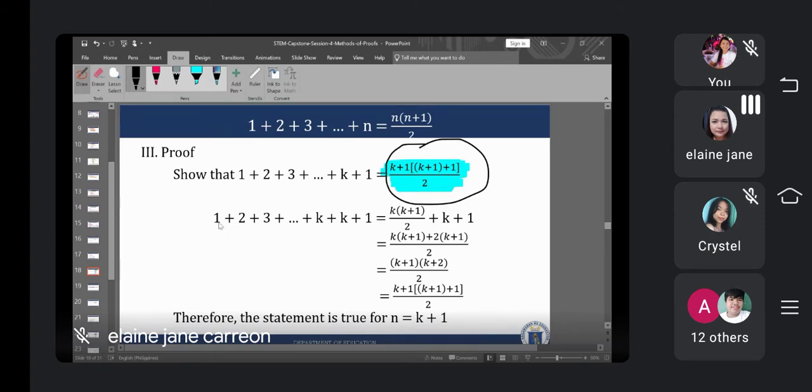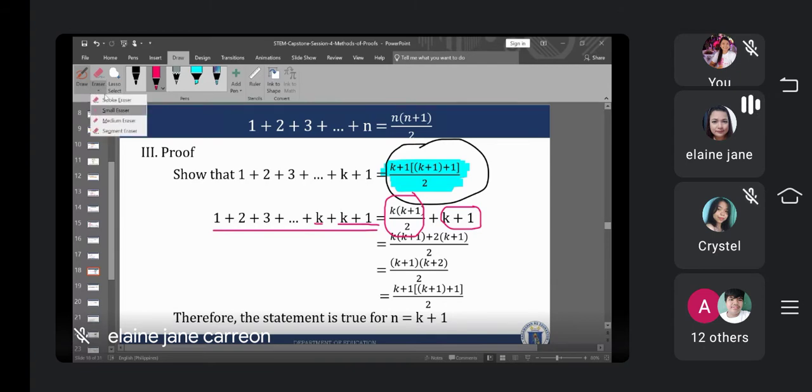Okay? So, we have the original formula, 1 plus 2 plus 3 plus k. Inadd natin si k plus 1. Okay? Stage 2 si k. Stage 3 si k plus 1. Okay? Inadd natin. Ano yung stage 2? K times the quantity k plus 1 over 2, and plus k plus 1, which is in our stage 3. Okay, I hope you understand that.